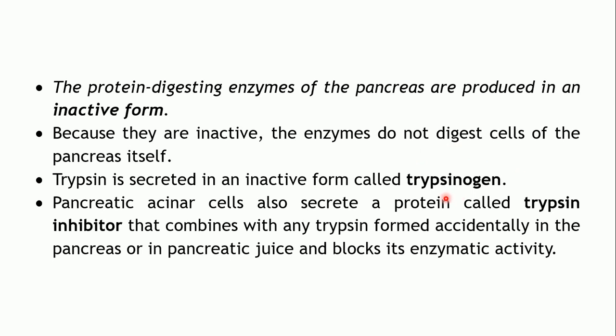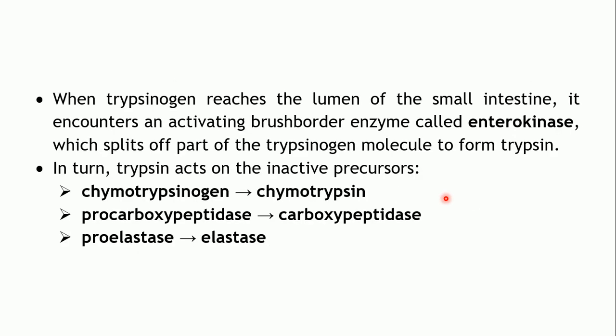Now, why only this enzyme is kept inhibited? Why not the others? That's because the activation of the remaining 3 enzymes is dependent upon the active form of trypsinogen, that is trypsin. All the enzymes are secreted in the inactive form. Trypsin in the form of trypsinogen, chymotrypsin in the form of chymotrypsinogen, carboxypeptidase in the form of procarboxypeptidase, and elastase in the inactive precursor form, that is proelastase.